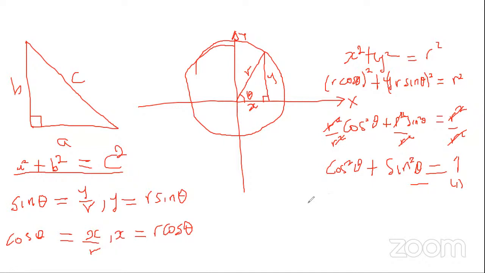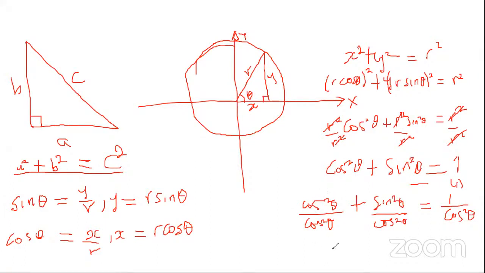So dividing by cos, we shall have cos squared theta divided by cos squared theta, plus sine squared theta divided by cos squared theta, is equal to 1 divided by cos squared theta.